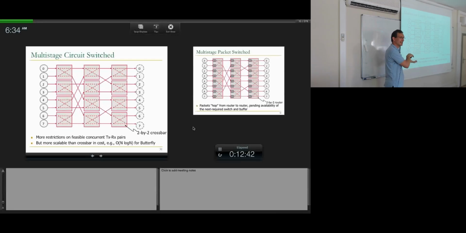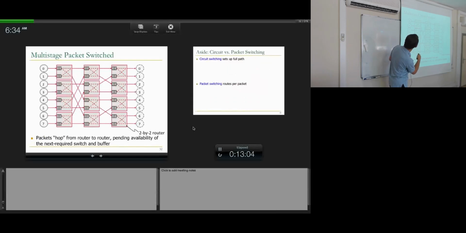This is more statically arbitrated early on. Statically meaning before the connection happens. Make sense? So the router is much simpler in this case. You just reconfigure. So it's more scalable than a crossbar in cost. That's the multi-stage part. It's a more scalable switch also if you actually do it circuit switched.